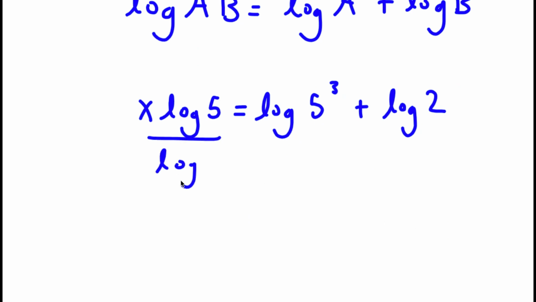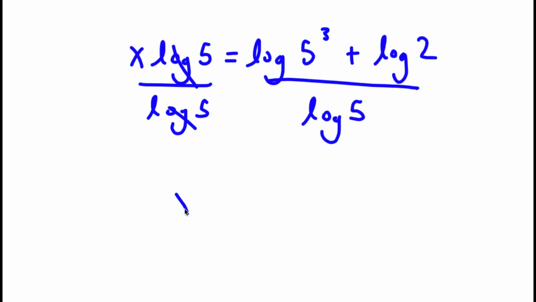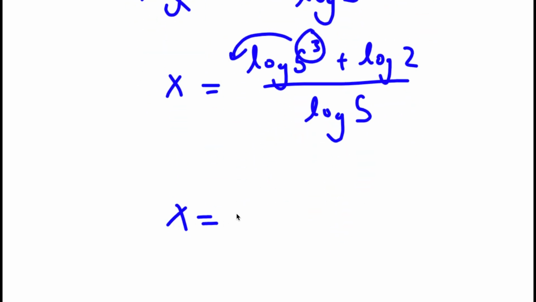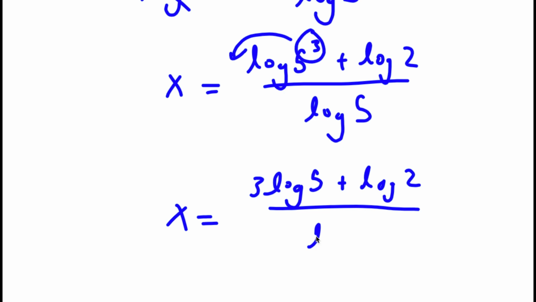Now, I'm going to divide both sides by log 5. When these two cancel out, now I'll be left with x is equal to log 5 to the power of 3 plus log 2 over log 5. And the 3 I can move to the front, so now I'm going to have x is equal to 3 times log 5 plus log 2 over log 5.